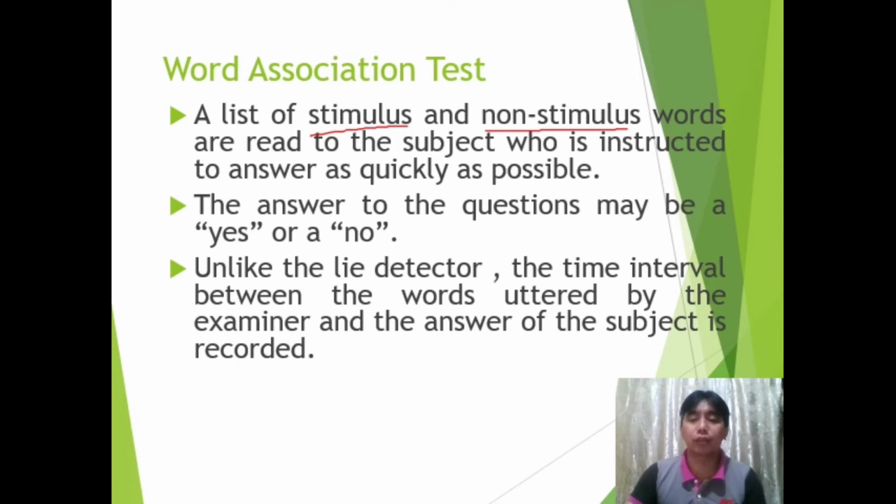You might encounter this in one of the questions, so at least you know what you mean by this. So it is expected, therefore, that when the non-stimulus, meaning irrelevant question, will be asked, the subject will answer immediately the question. So that's word association test.